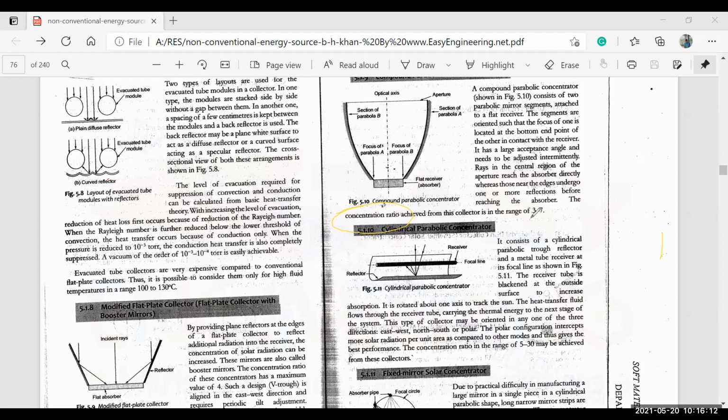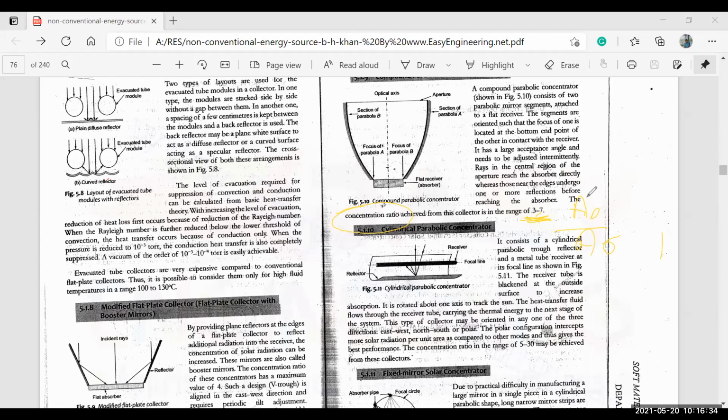What is this concentration ratio, is it 3 to 7, or what is being given in this segment? It is the ratio between the area of the receiver and the area of the concentrator.